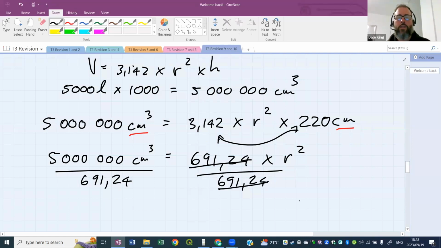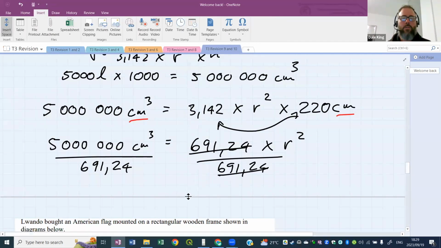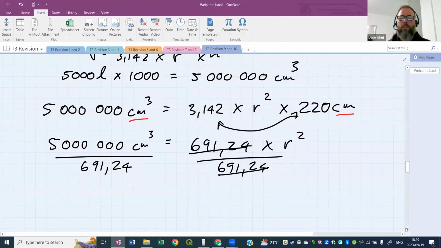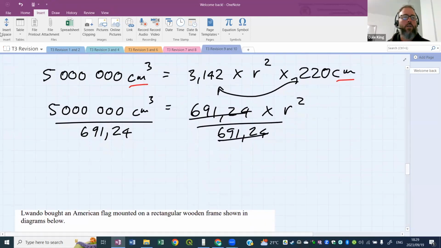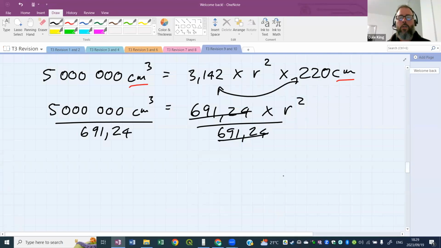That's what we want. Now what we're left with is, oh, I'm needing lots of space for this one. Let's get some more space here. Okay, so we've got R squared left on its own now. We've got rid of that number, and we've got 5 million divided by 691,24.